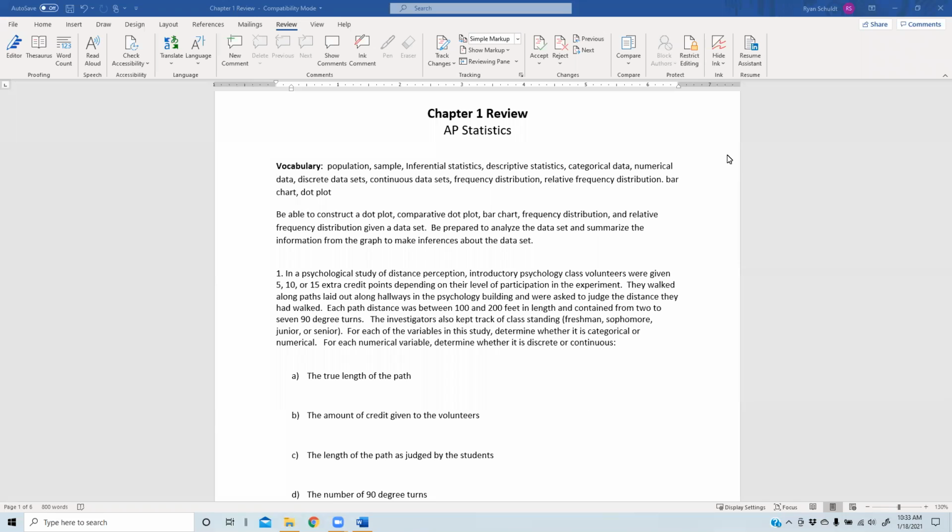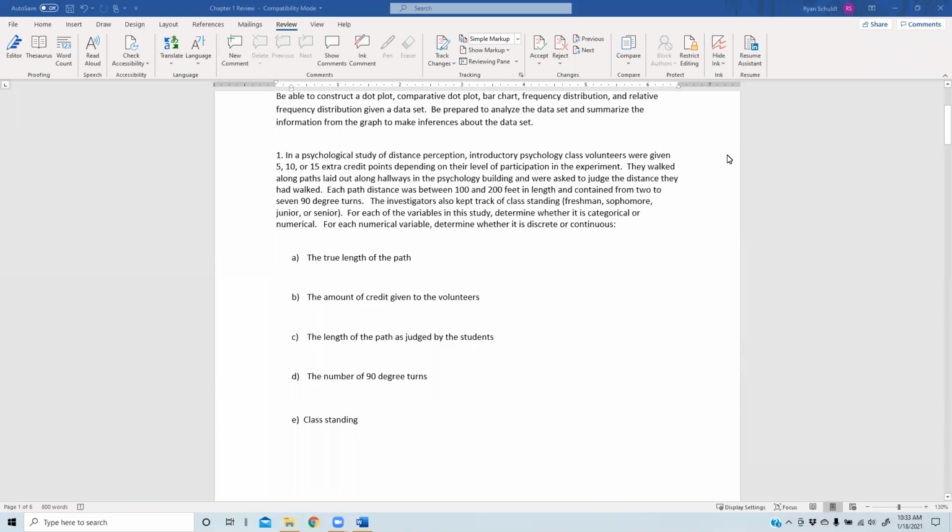Okay, so number 1. In a psychological study of distance perception, introductory psychology class volunteers were given 5, 10, or 15 extra credit points, depending on their level of participation in the experiment. They walked along paths laid out along hallways in the psychology building and were asked to judge the distance they had walked.